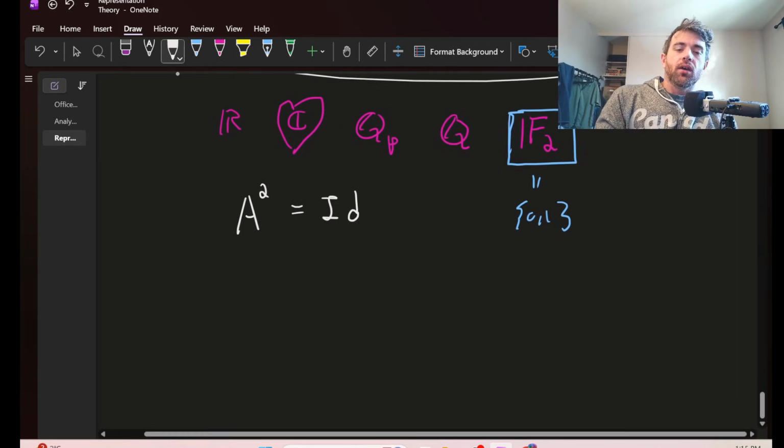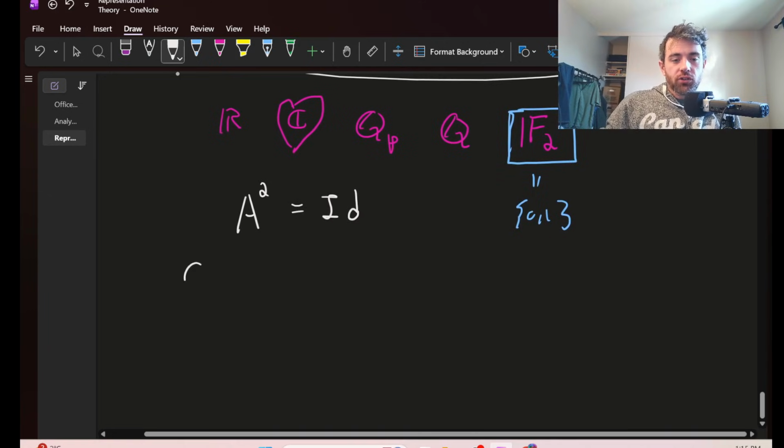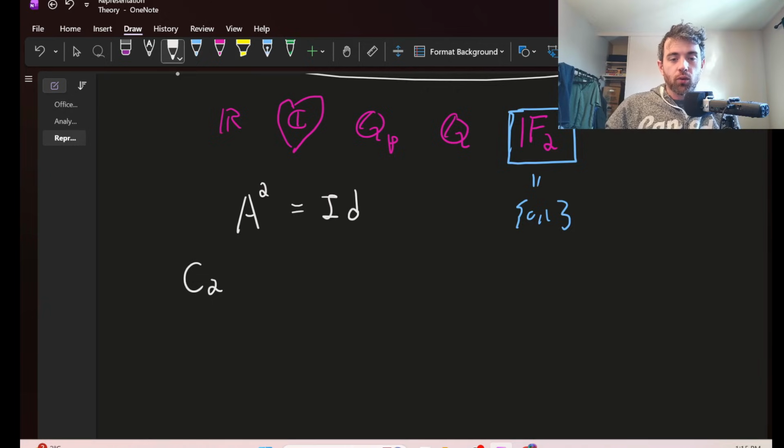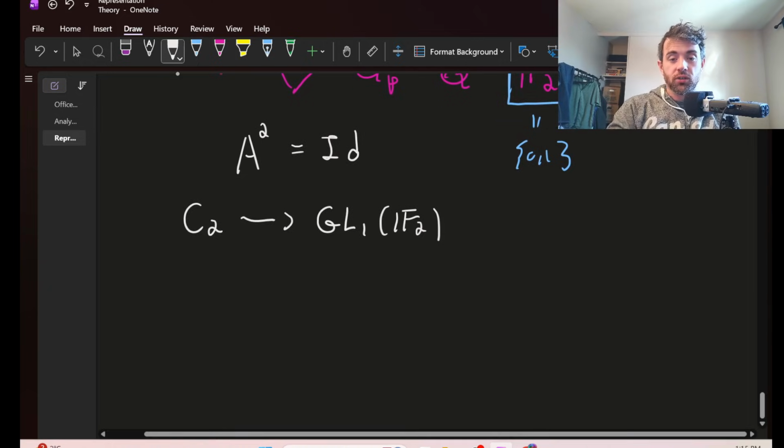So let's consider first C2 over a one-dimensional vector space, right? So what is that? GL1. That is, in other words, a 1-by-1 invertible matrix over the field with two elements.